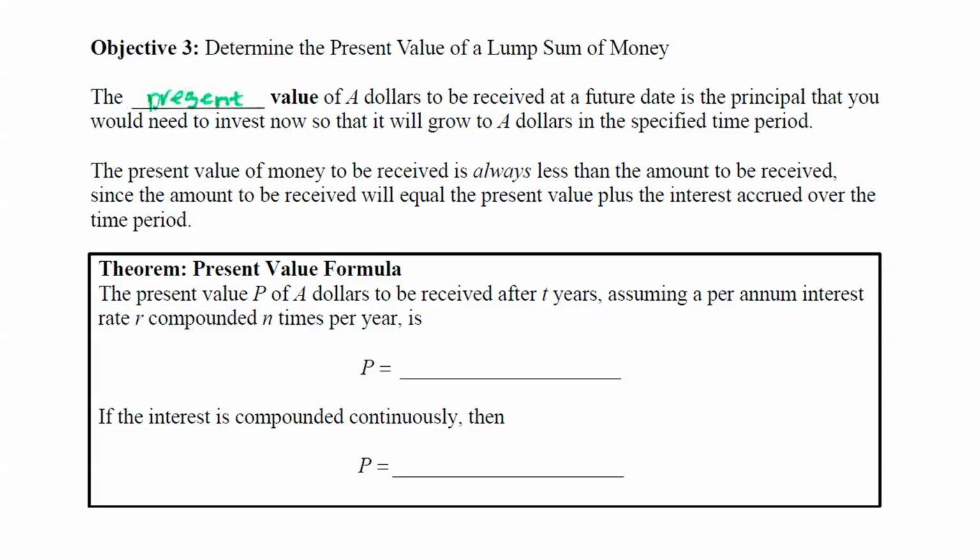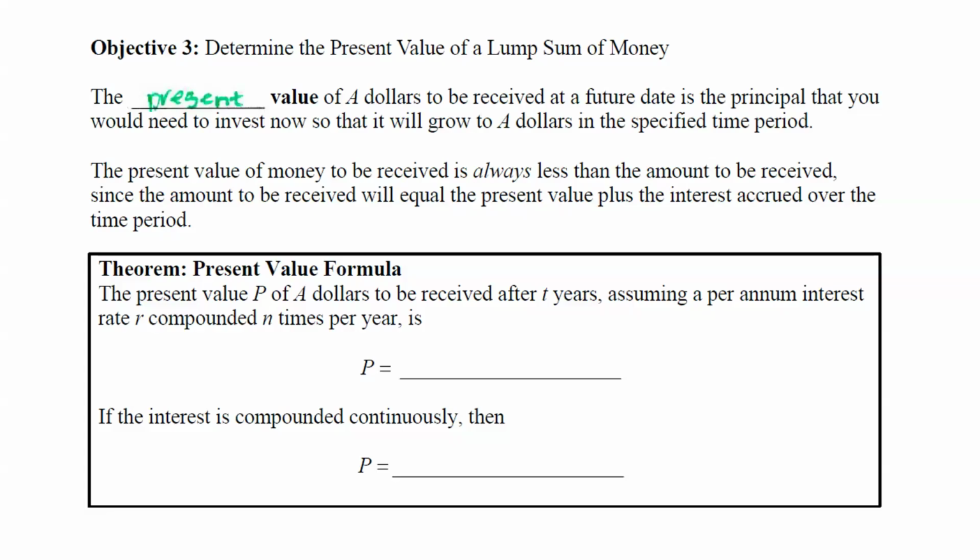So a real question this answers is, I want to have $50,000 for a down payment on a house in 10 years. How much do I need to invest today? Okay. So that is a real world question that this present value formula will help us solve.